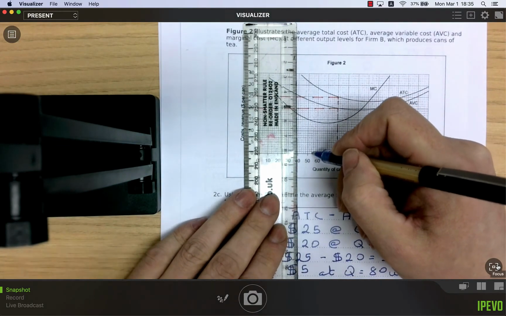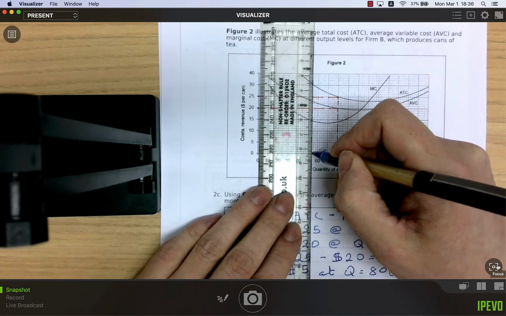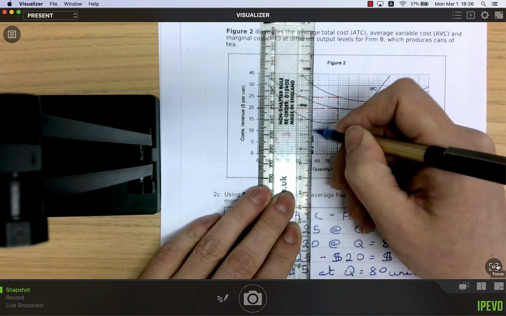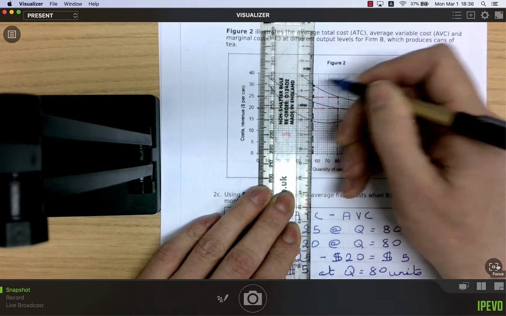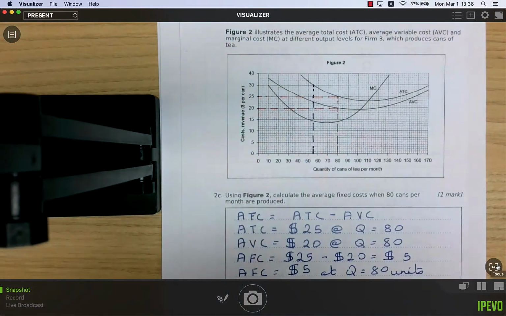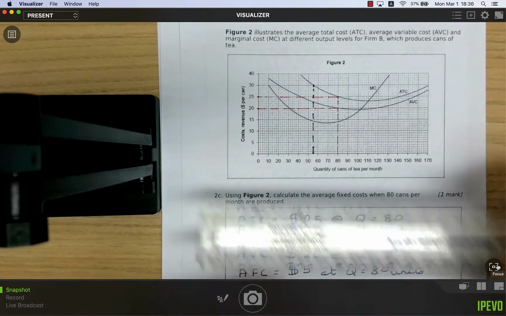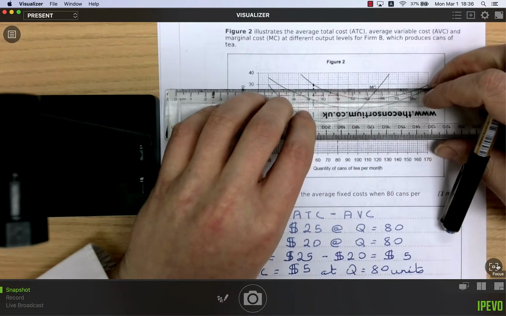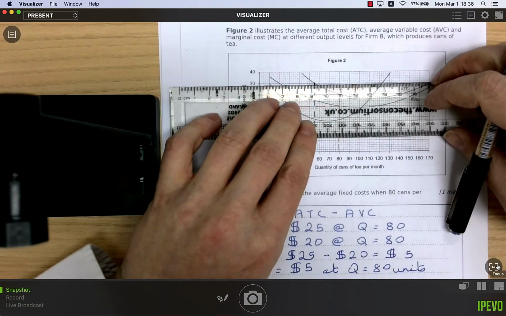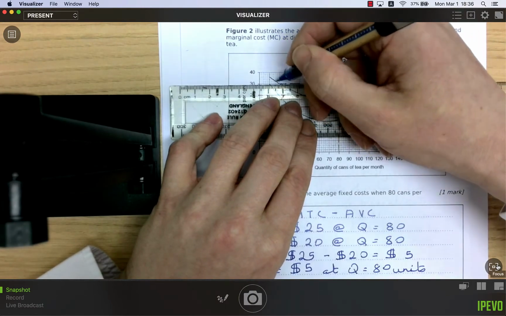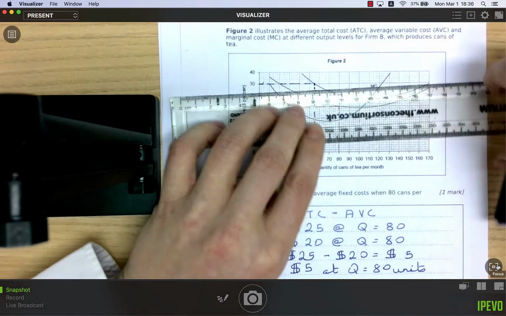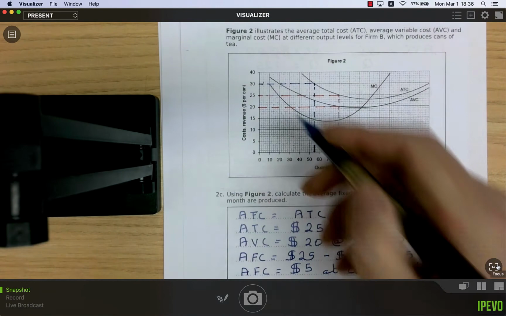All right, so if I go up here from a quantity of 55, and where am I going up to? Well, I'm going up to the average total cost. I suppose that's probably the reason why we always mark in pencil, guys. I'm going up to the average total cost. And if I go across, we're saying at a quantity of 55, each good on average cost the firm $30 to make.